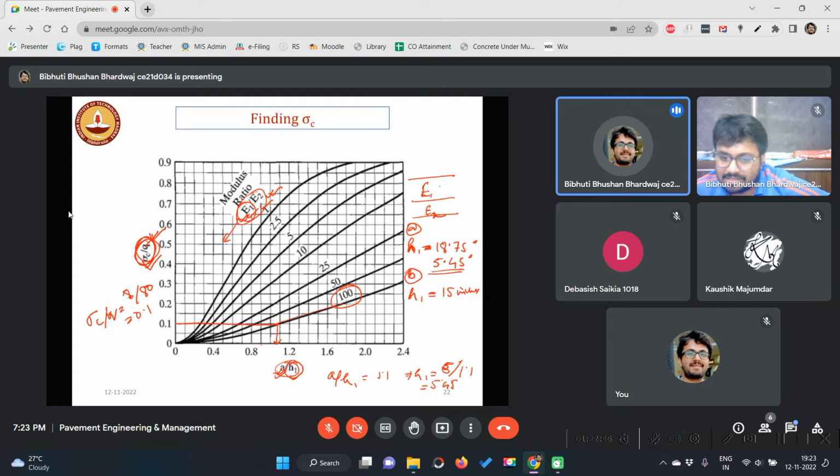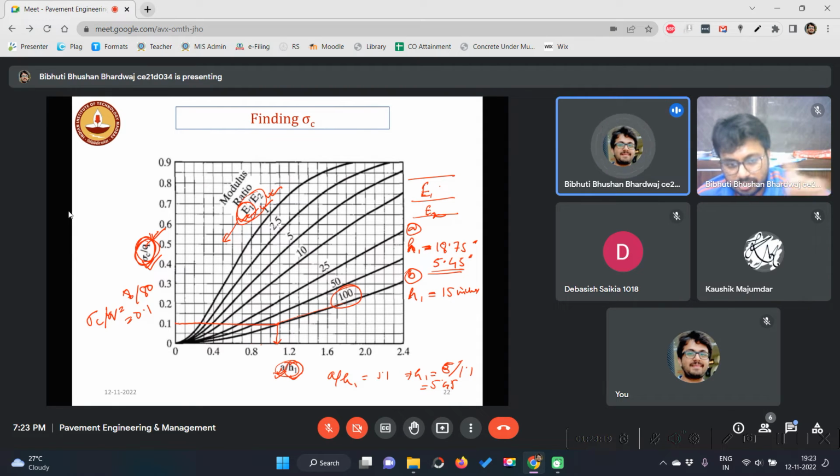See, here as an engineer, you need to figure out the other options also. Like you need to do cost analysis. 5.45 inches, although the thickness is less, the cost can be in crores. Suppose granular materials are already available nearby, so you can use freely. Then this 18 inches can cost you only 1000 rupees, let's say. So this type of situations you have to judge.